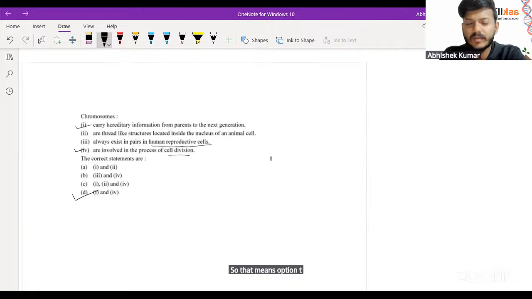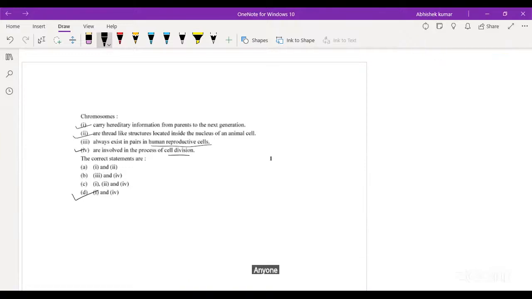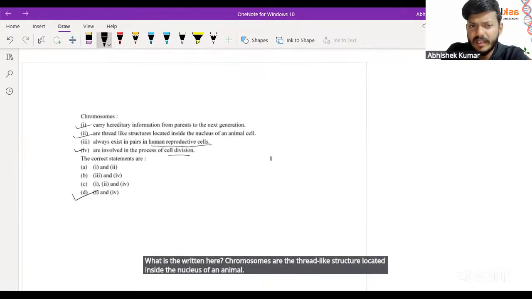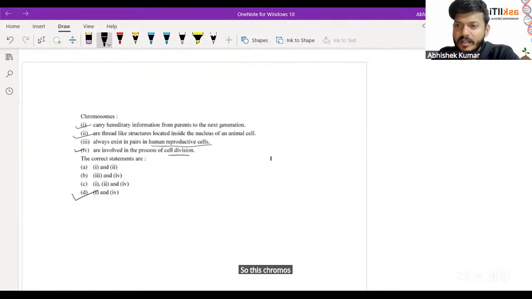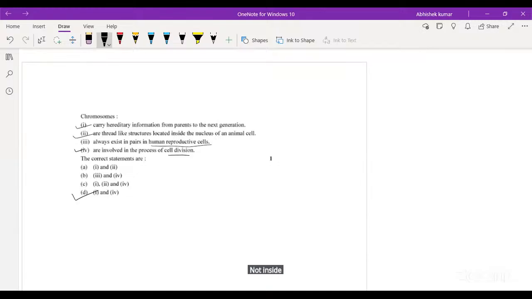And why is option B wrong? What is written here? Chromosomes are thread-like structures located inside the nucleus of an animal. Is the chromosome only located inside the nucleus of an animal, not in a plant?